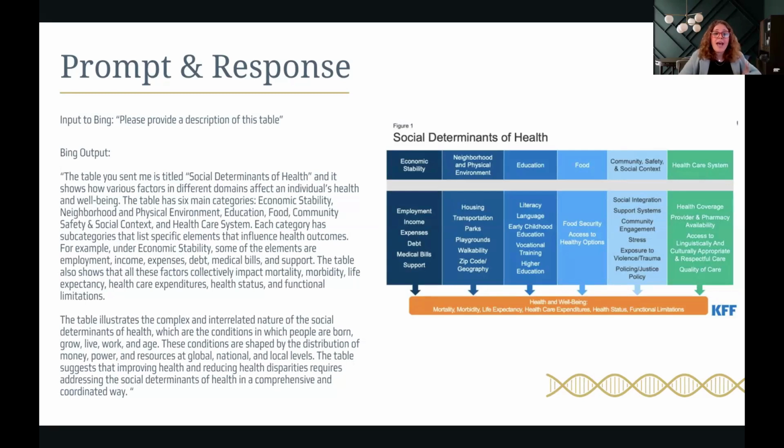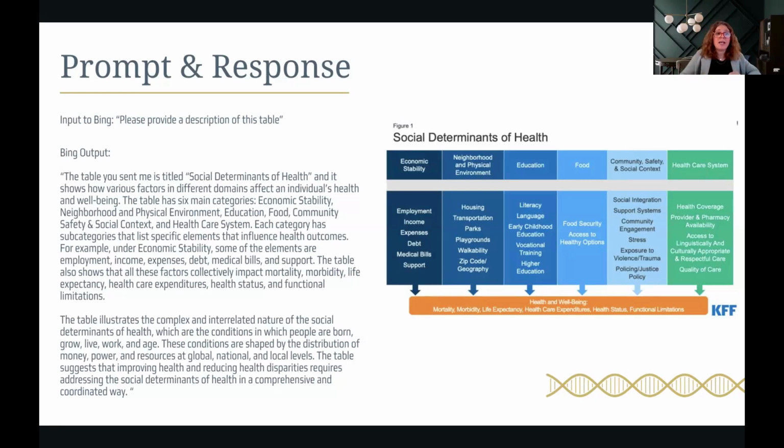For example, after I gave Bing this image and asked it to give me a description, I asked a number of other questions, one involving current initiatives in Illinois to address health disparities, and got some information on that. Of course, all of this should be investigated for accuracy, which is where you come in as the subject matter expert if you choose to utilize this kind of prompt with your students or on your own time. So you might reflect, and hopefully we'll have time to talk about that briefly, on how you might use this in your teaching.